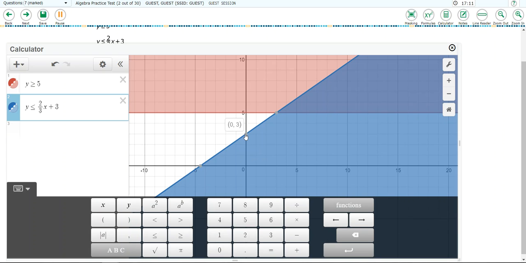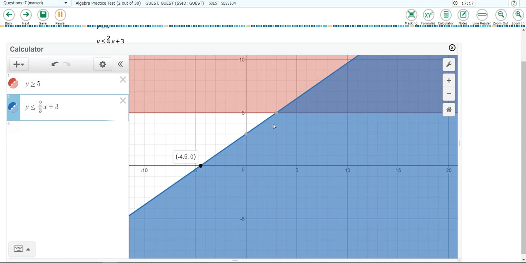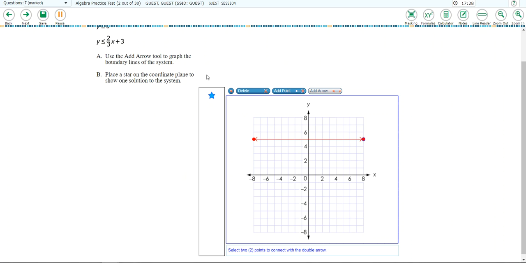It will show you 0, 3 is one of those points. That's negative 4.5, 0. I don't think you can graph that one on the answer. But this one right here, 3, 5, you can graph. So we're going to graph 0, 3 and 3, 5. Add a point, 0, 3 and 3, 5.